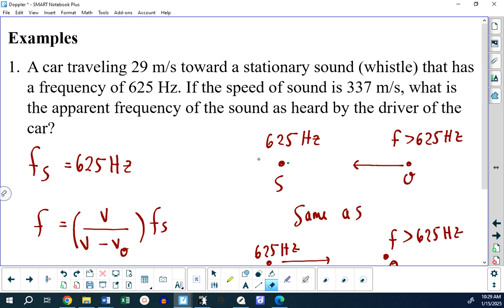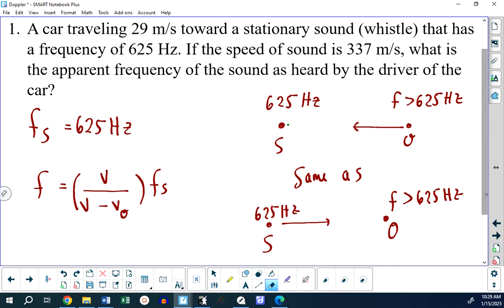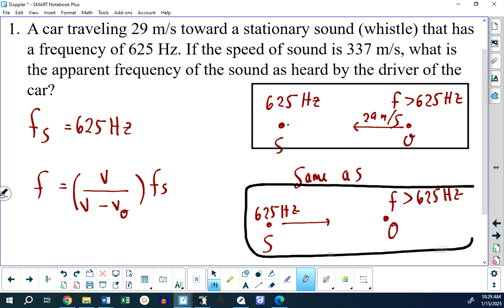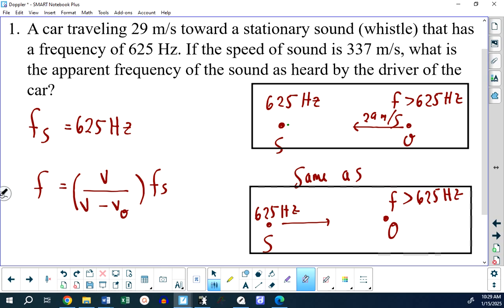Which is that. And this is moving at 29 meters per second. Don't forget, this is the original scenario, but mathematically and physically, there's no difference between these two. So that's why we can put the velocity of the observer or the velocity of the source.